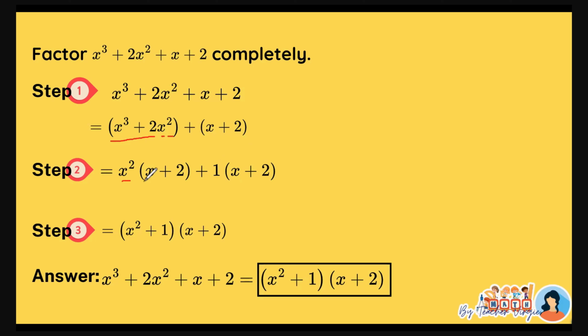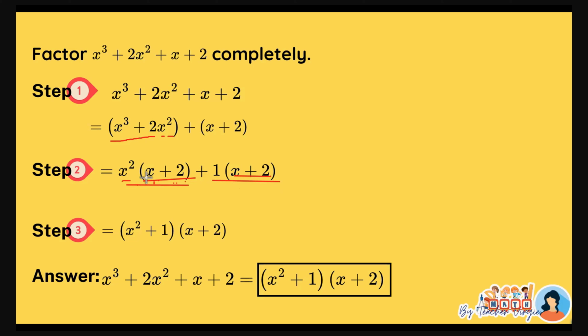So as you can see here, there is a common binomial. You go back to step 1, which is to get the greatest common factor of each term, the first term and the second term.